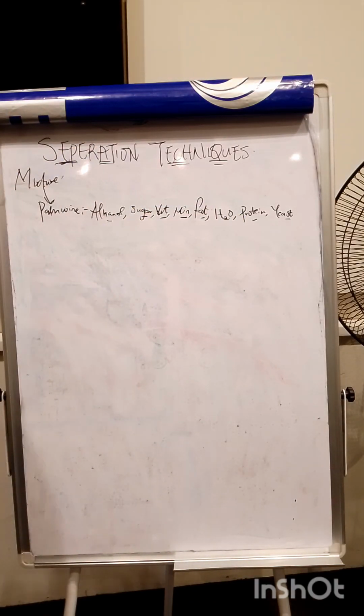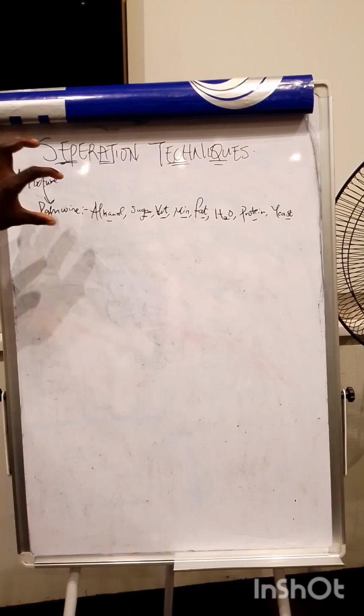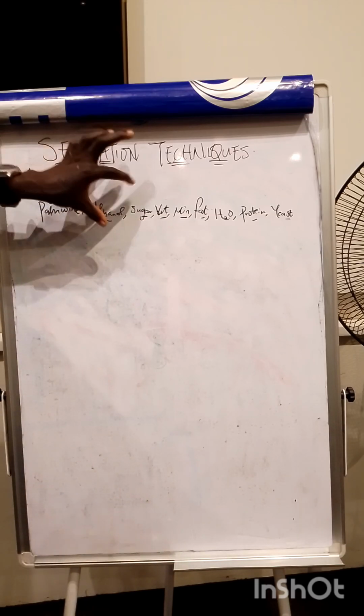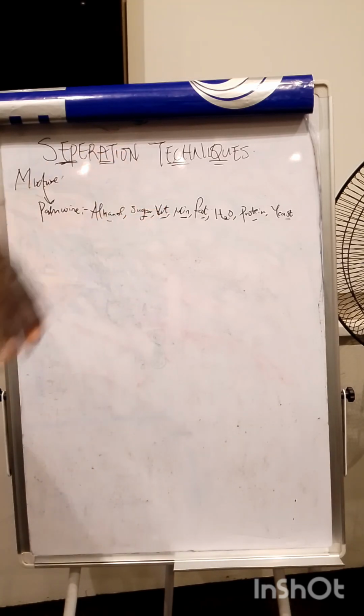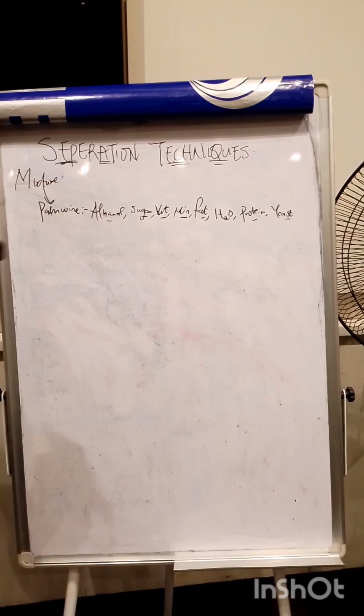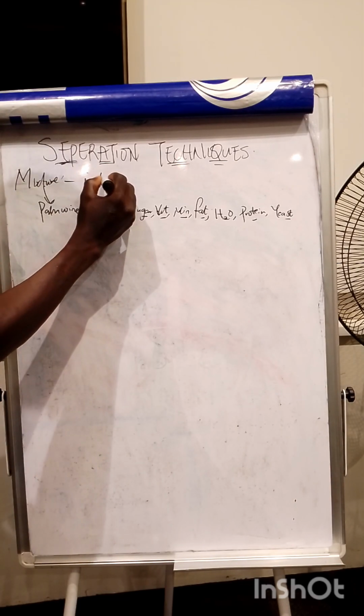We'll be using their individual physical properties to know which one to separate from which one. The constituents of a mixture retain their individual properties.